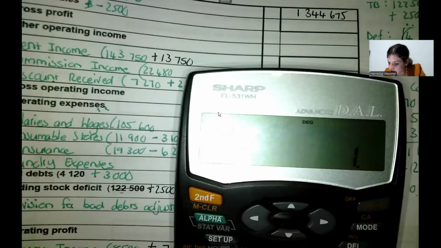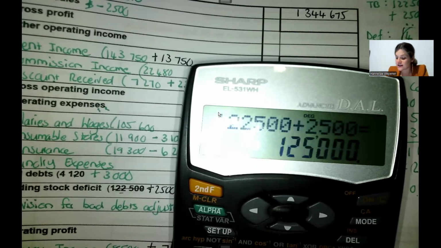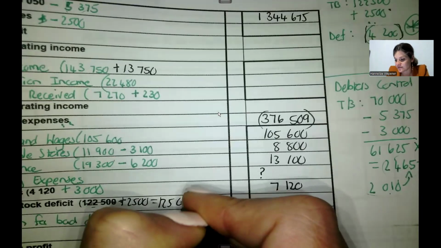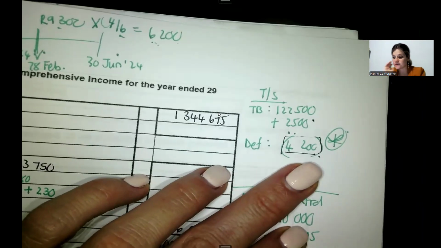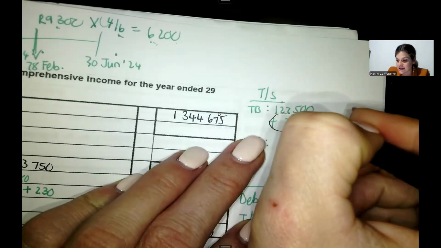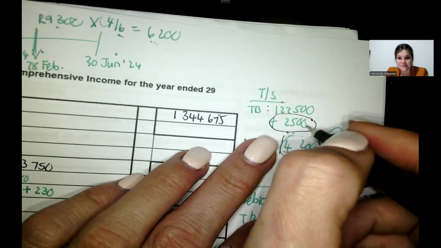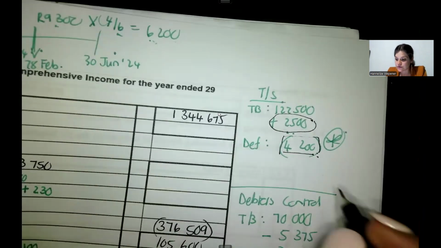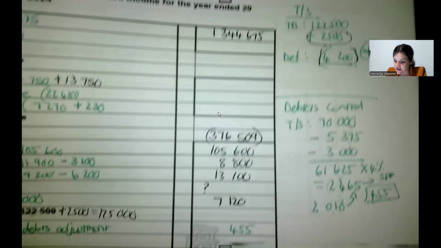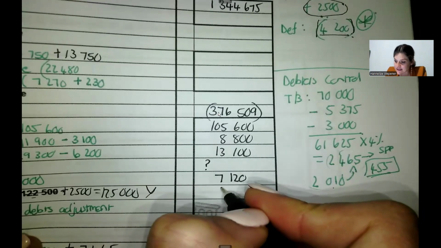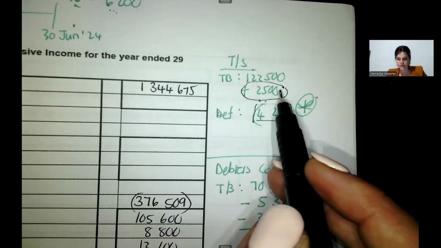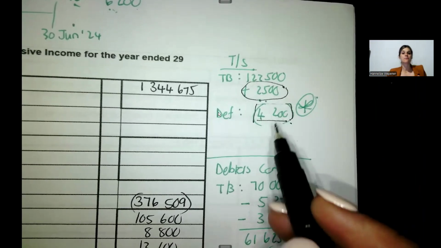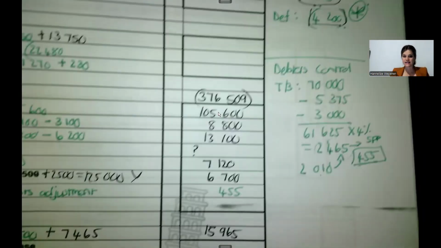They said you have a deficit of 4,200, but before taking into account that more stock was returned. Therefore, your deficit is now 6,700. It's more because you haven't yet recorded the fact that more goods were returned, so your trial balance differs even more compared to what you physically counted.